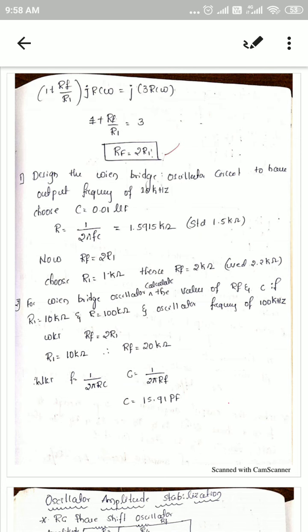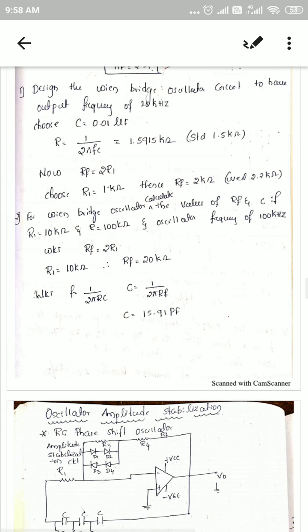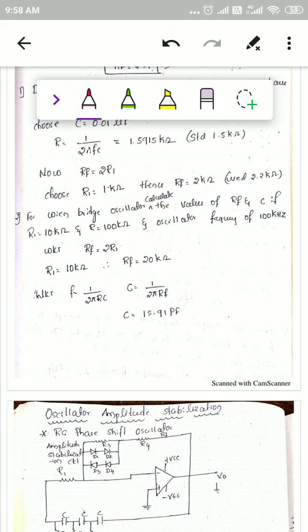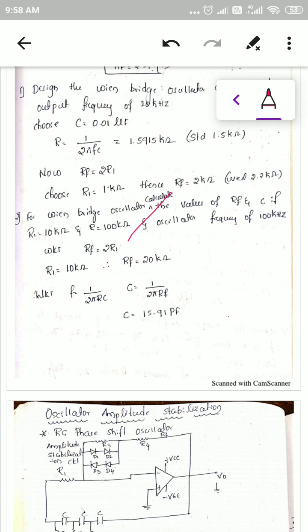In the second problem, for the Wien bridge oscillatory circuit, calculate the values of Rf and C if R1 is equal to 10 kilo ohm, R is equal to 100 kilo ohm, and the oscillation frequency is 100 kilohertz. This is the question given. Once again we know that Rf is equal to 2 times R1, so assume R1 and find Rf.